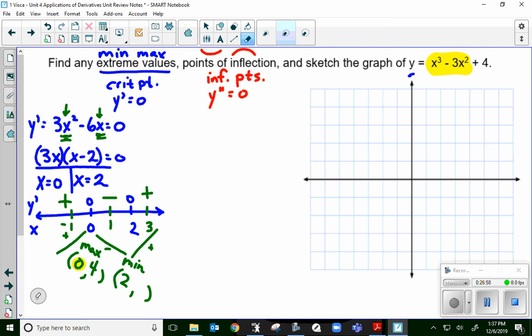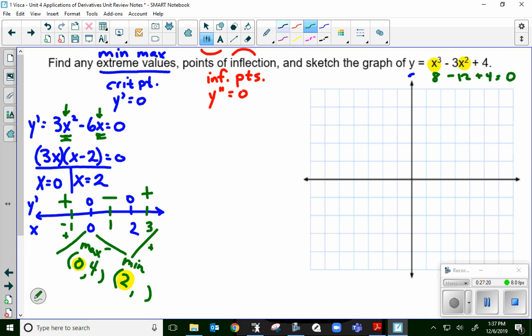Let's do the same thing with the number 2, shall we? What's my y value for x equals 2? 2 cubed is 8. 2 squared is 4 times negative 3, that's negative 12. So right now I have 8 minus 12 plus 4. That is actually 0.